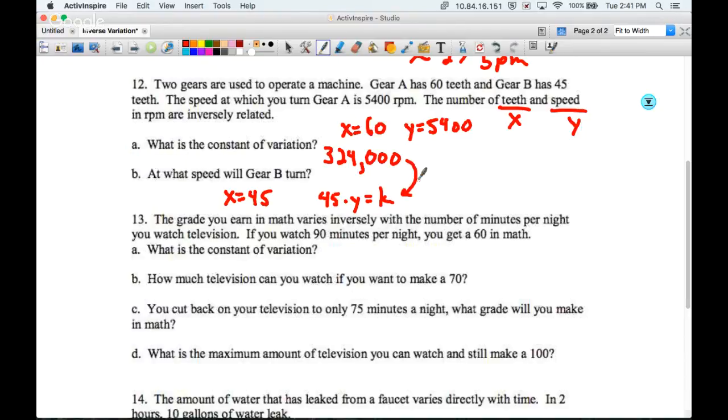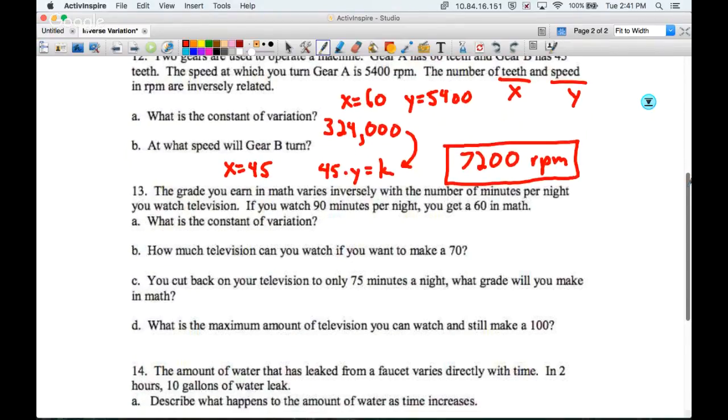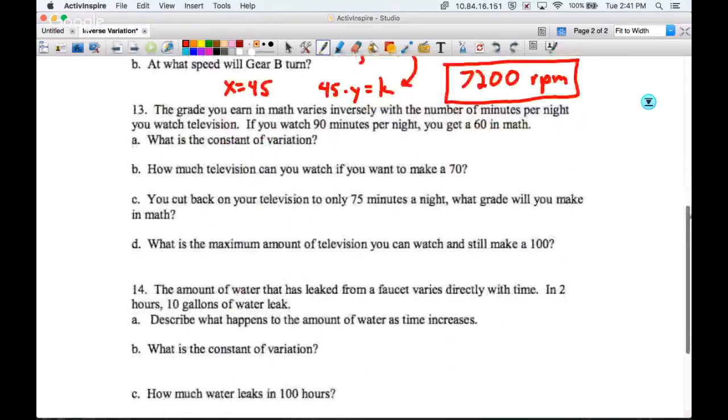I'm just going to take that number and divide it by 45 to get that it's going to spin at 72,000 revolutions per minute. This would be pretty fast for a car's gears to be turning, but not unheard of. Different cars have different red lines.